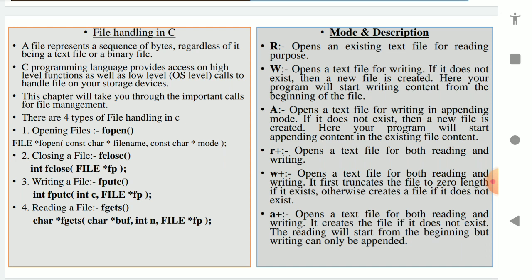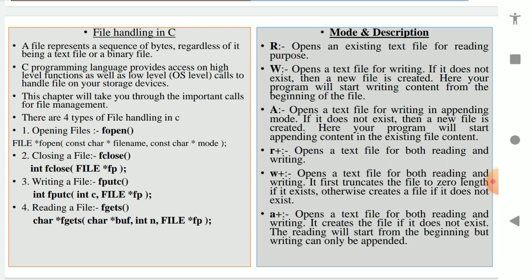Here your program will start writing content from the beginning of the file. a opens a text file for writing in appending mode. If it does not exist, then a new file is created. Here your program will start appending content to the existing file content.